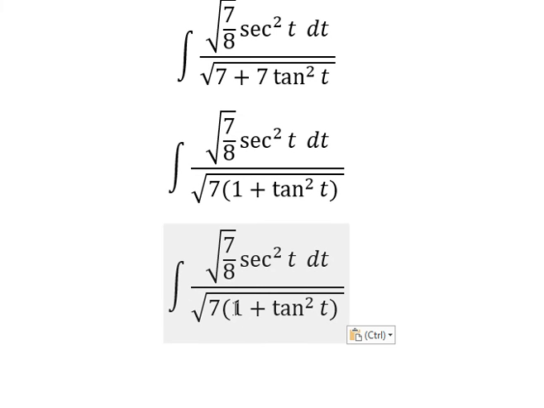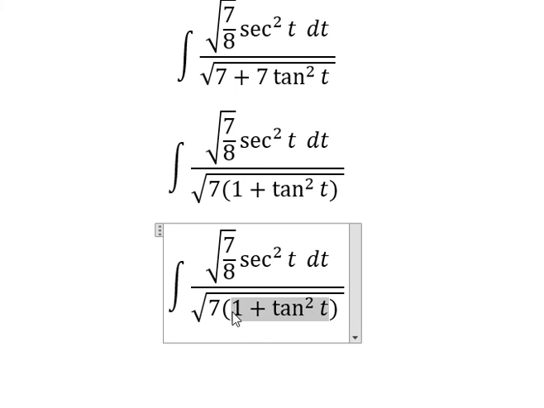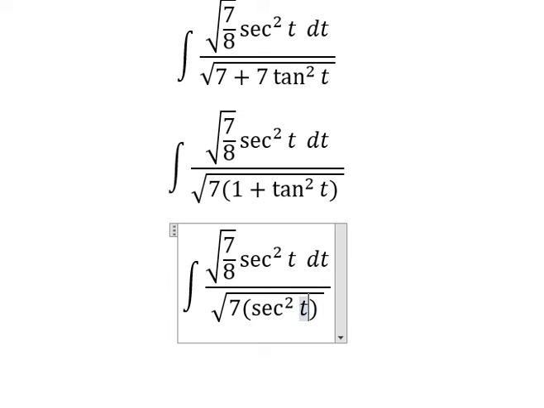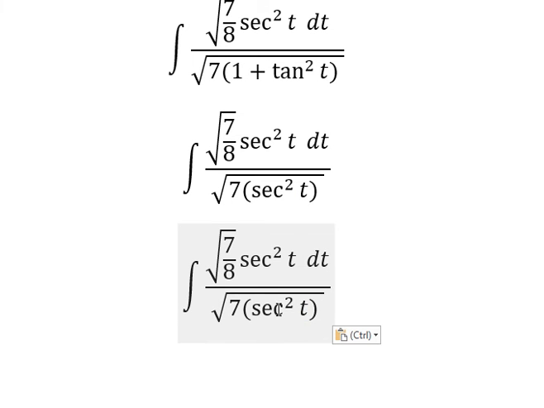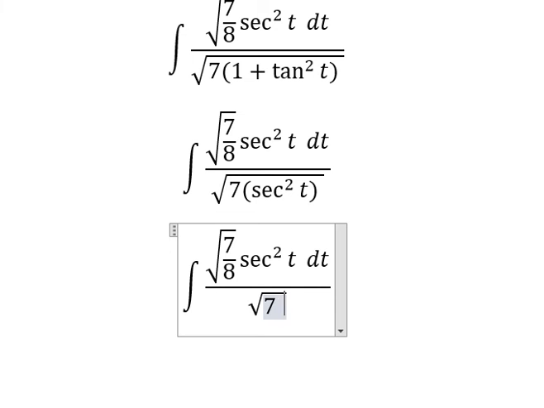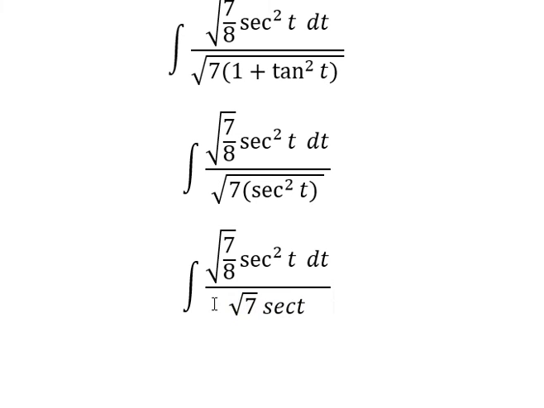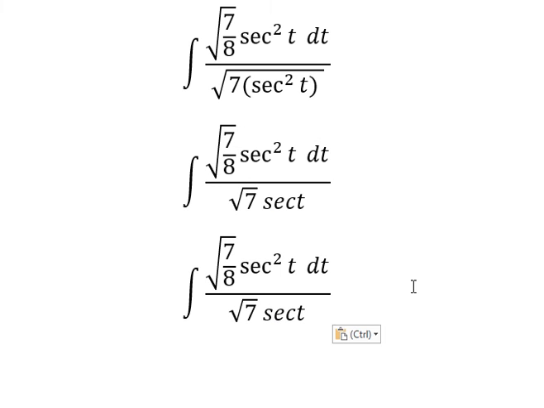And we know that 1 plus tan t squared, we have secant of t squared. The square root of secant of t squared, we have secant of t. Now we need to simplify the square root of number 7 secant of t on numerator and denominator.